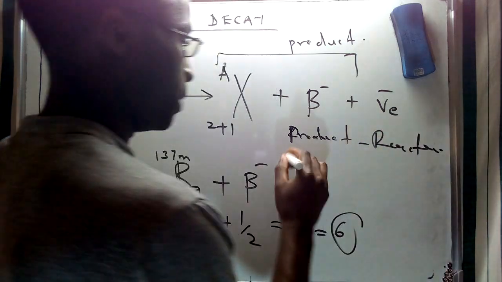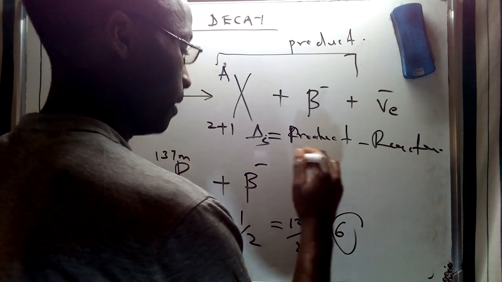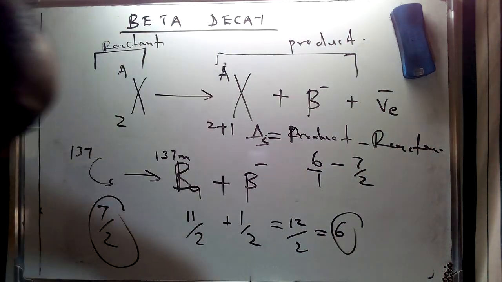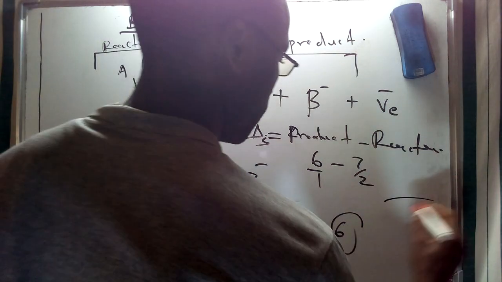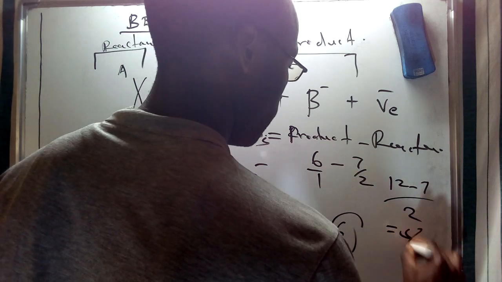So the total spin is the difference between the product minus the reactant, which is basically 6/1 minus 7/2. We find the common factor here is 2. So this is going to be 12 minus 7, which is 5/2.